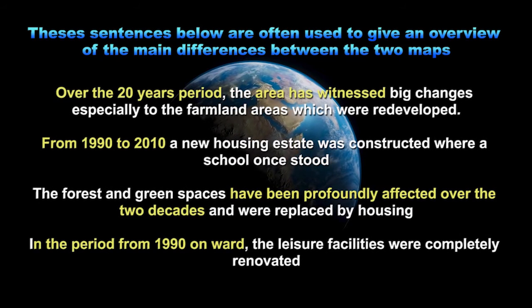Over the 20-year period, the area has witnessed big change, especially the farmland areas which were redeveloped. From 1990 to 2010, a new housing estate was constructed where a school once stood.